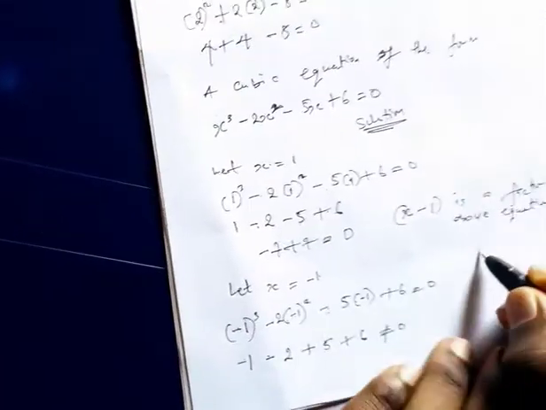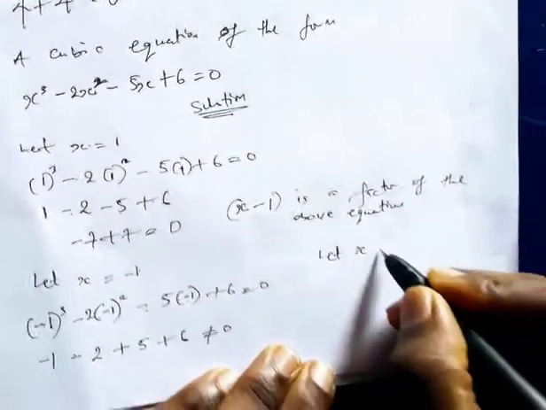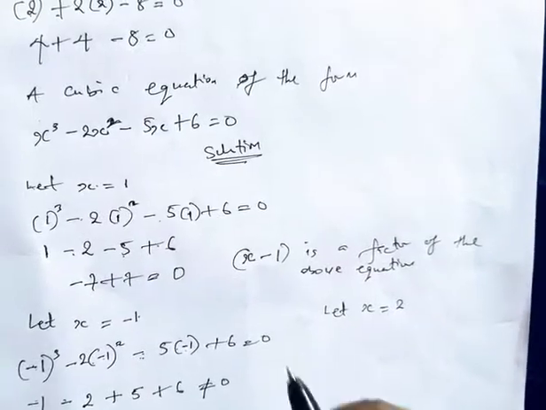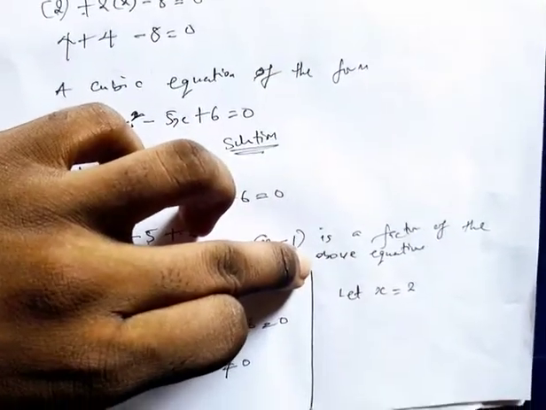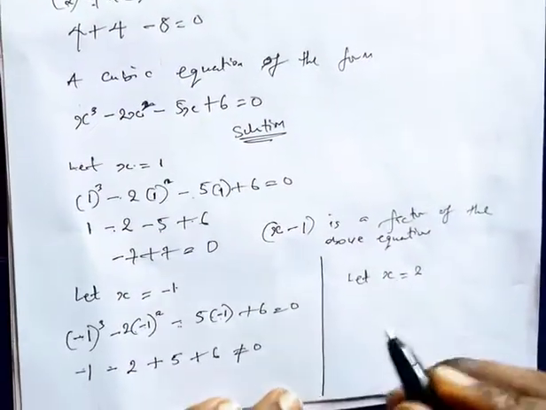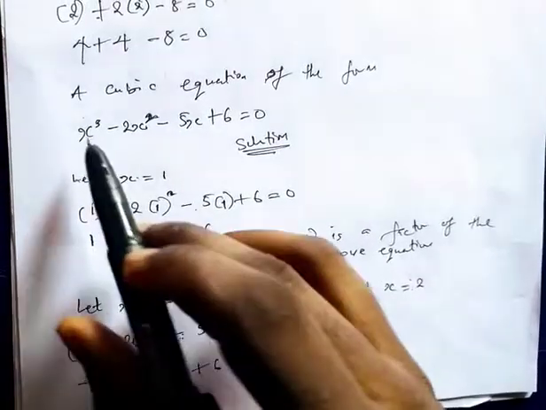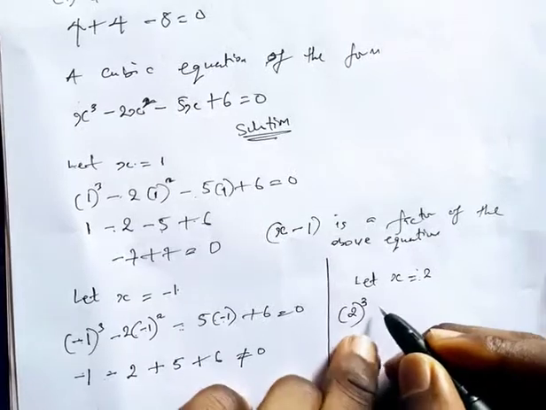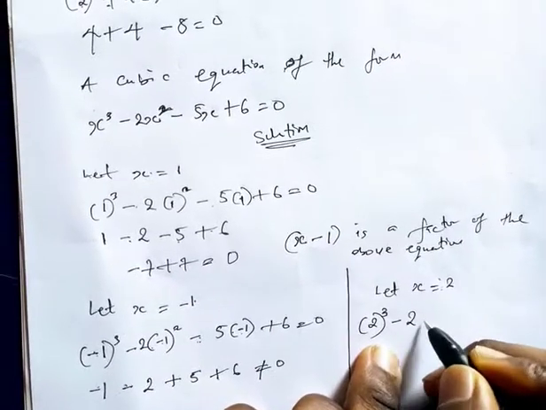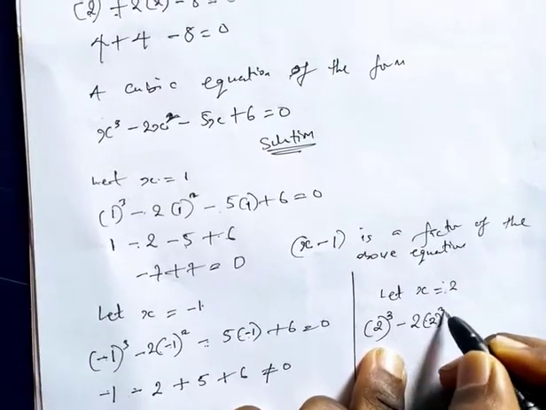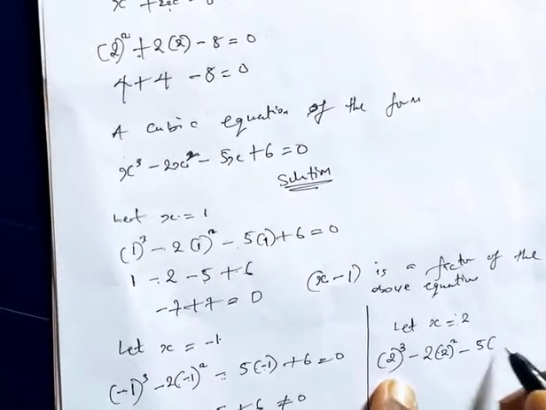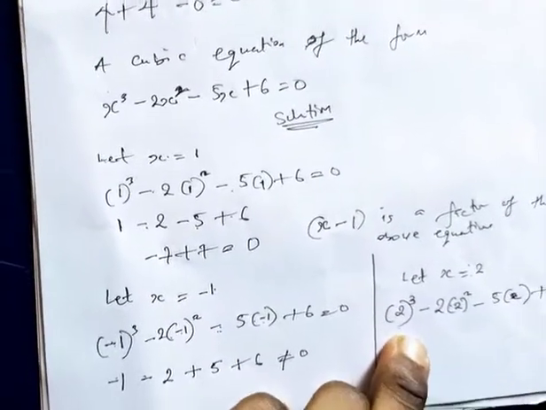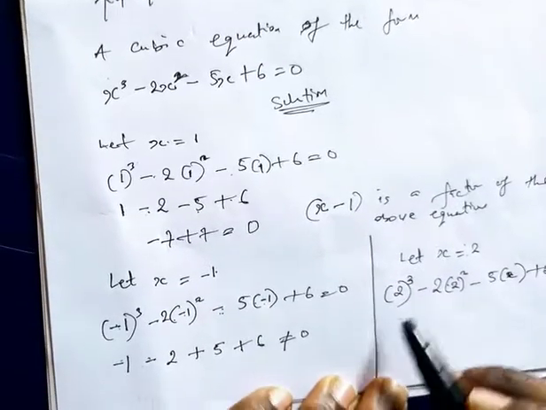We say let x be equal to positive 2. I'll input the 2 into the formula, so I'll get 2 cubed minus 2 raised to power 2 minus 5 times 2 plus 6, and let's see if it is equal to 0.